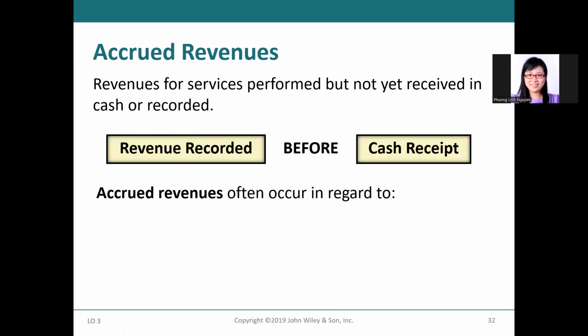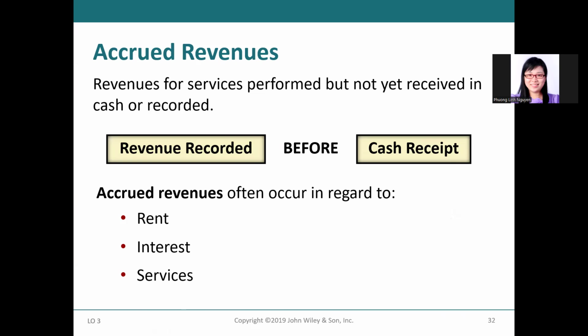As I said, accrued revenues means the revenues that we already earned, but we haven't received the money, or the accountant has not recorded yet. Examples include services, like we already did the service for the customers, but we haven't received the money yet. Or interest, which happens when we lend money to somebody.